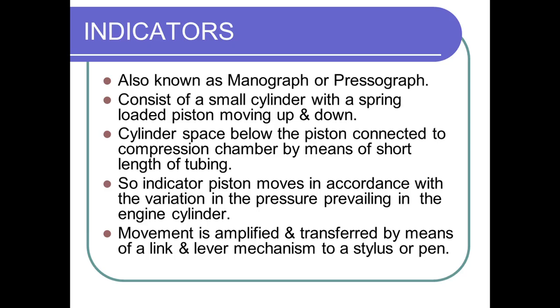The indicator piston moves in accordance with the variation in the pressure prevailing in the engine cylinder. The movement is amplified and transferred by a link and lever mechanism to a stylus or pen. You must have seen this mechanism on ships in your shipping career. This is the basic construction and the different parts of the indicator.